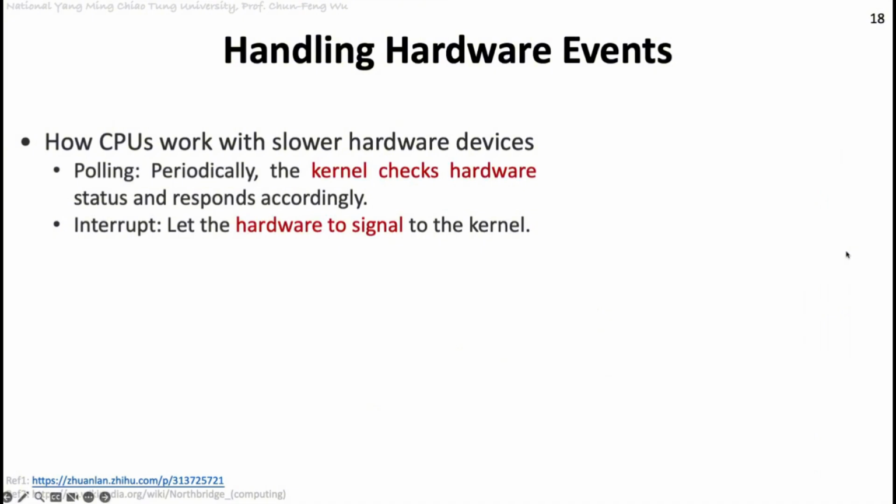There are two ways for the CPU to work with these slower hardware devices: polling and interrupts. Polling means the kernel periodically checks hardware status and responds accordingly. It means the CPU, maybe every 1 millisecond, will come back to check the status of that hardware device. For example, if the CPU is going to get data from the storage device, and because the storage transmission takes a lot of time, the CPU may come back every 1 millisecond to ask the storage device, hey, are you ready there?